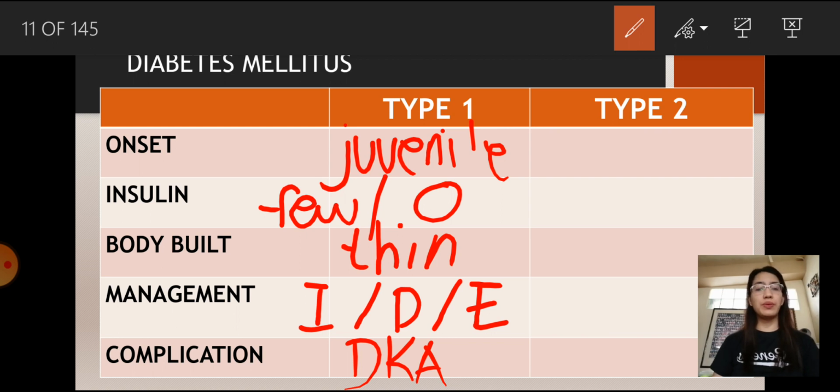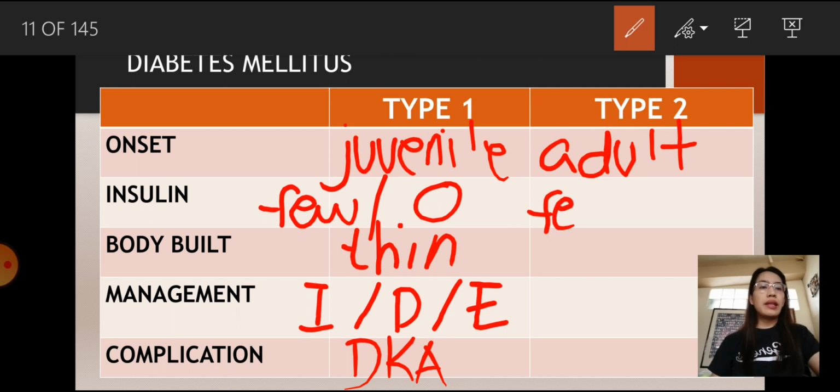Okay. Now, we go to your type 2. Ang type 2 naman, ang onset niyan, adult. Okay, yung tipong okay naman yung insulin level mo dati, pero dahil sa lifestyle, for example, samahan mo na rin ng konting genetics, nagkaroon ka ng diabetes. So, adult yung onset. For the insulin, maaaring ito ay konti rin, o kaya naman normal.